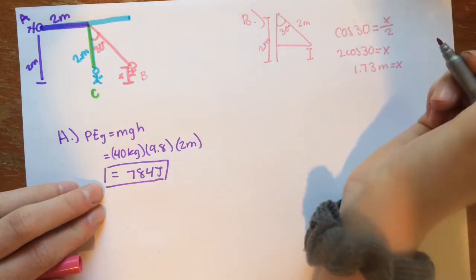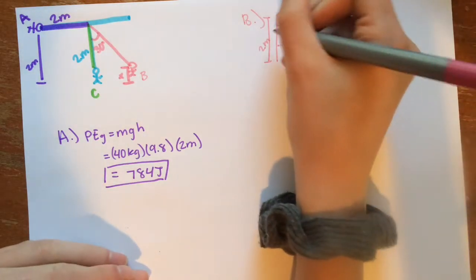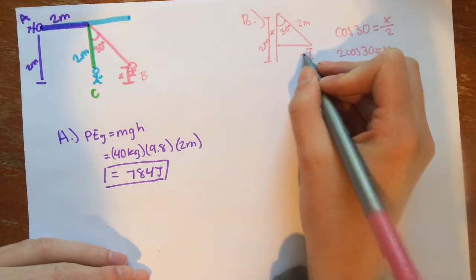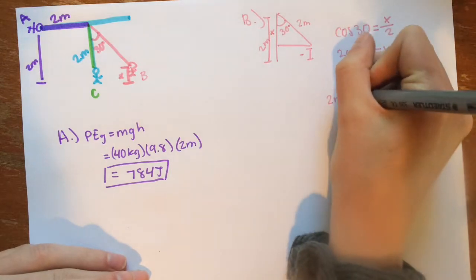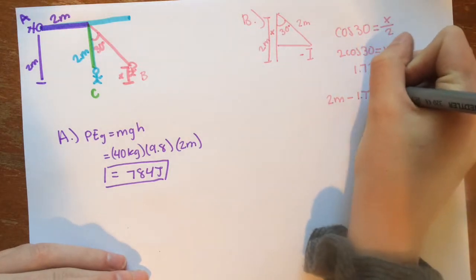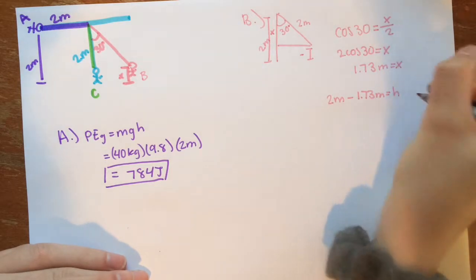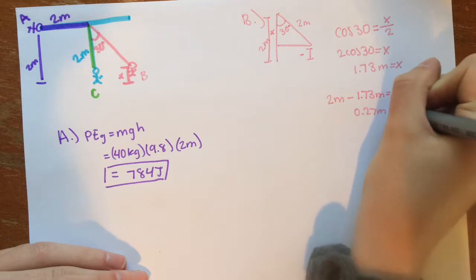So that's this adjacent part of the triangle, and we will subtract that from 2 meters to find that distance from the ground. So 2 meters minus 1.73 meters equals the height, and when you solve for it, it is 0.27 meters.